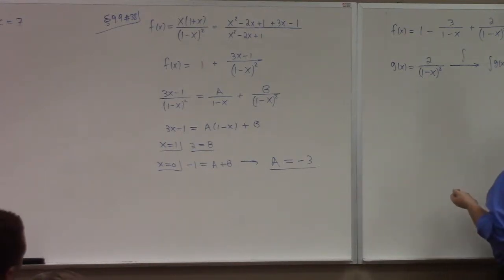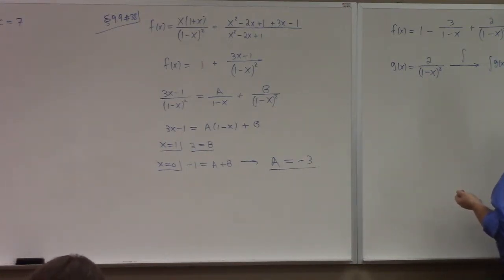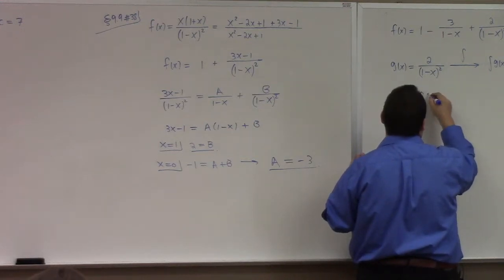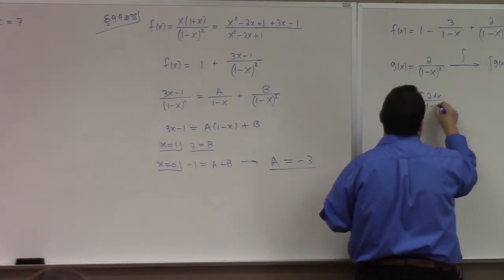Over 1 minus x. Let's see here if I believe you. If I differentiate that, it gets me minus... wouldn't you have to do times 1 minus x on the top? Or no? You can either expand it. Here, I'll do it as a u substitution. So we got 2 dx over 1 minus x squared.